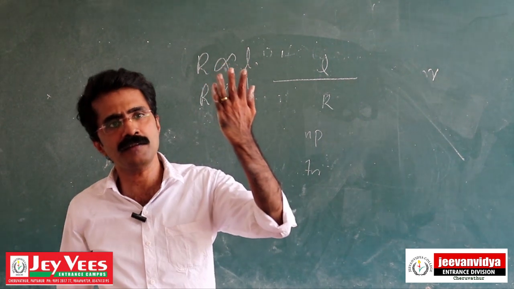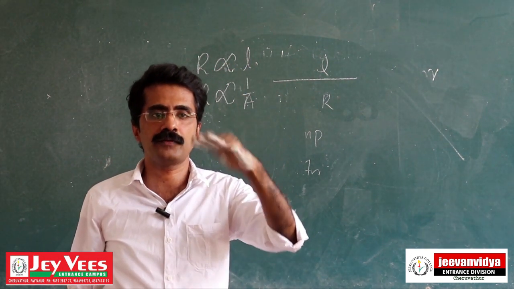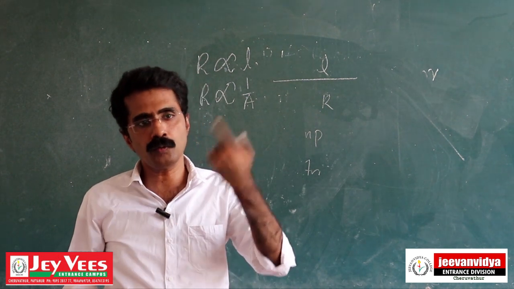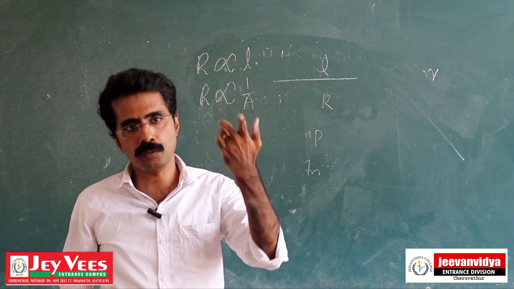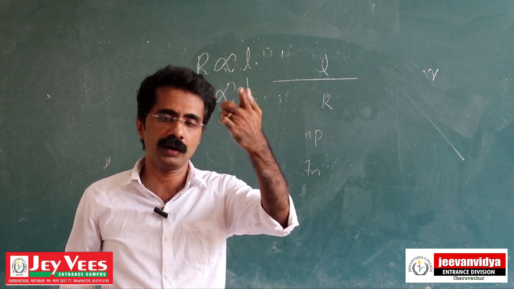Area of cross section increases, resistance decreases. It is exactly opposite to length.